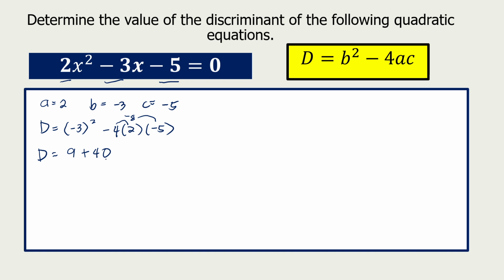And then 9 plus 40, it will give us 49. So the discriminant of this equation is 49. And that's how we get the discriminant of the quadratic equation. Again, by using the formula d equals b squared minus 4ac.